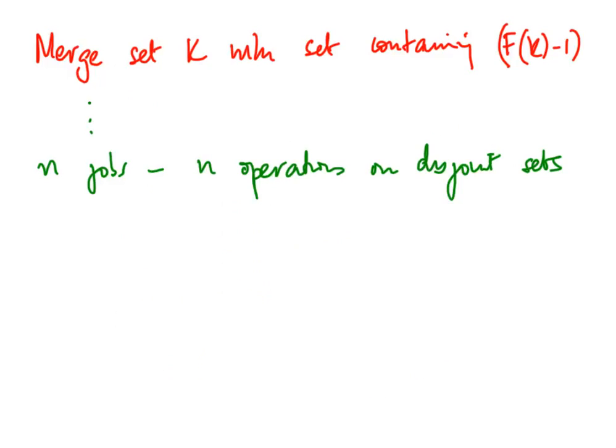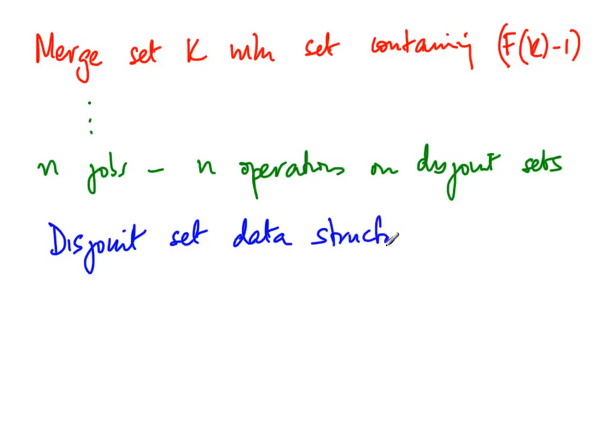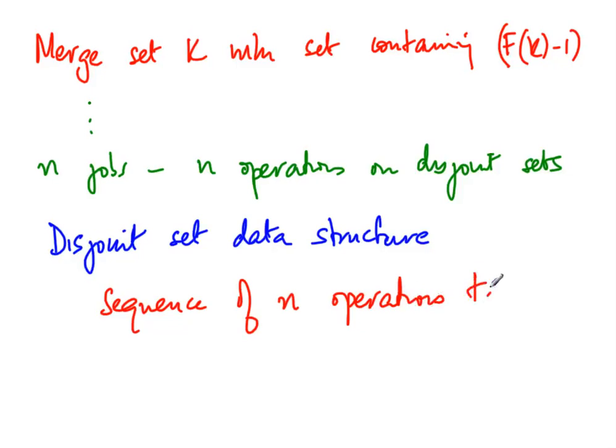Now, if you go back and look at this disjoint set data structure, it says that any sequence of n operations takes time n times alpha of 2n comma n.